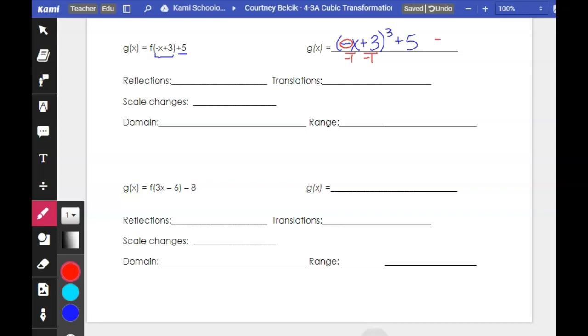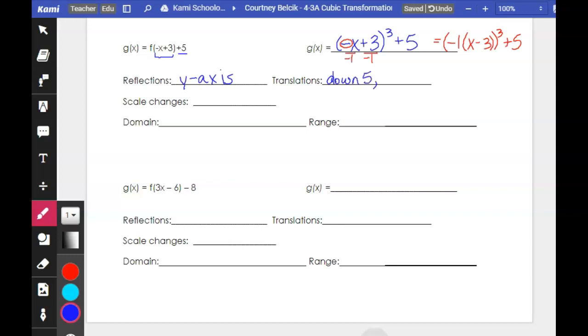So what we really end up with is -1 times x minus 3. So if you have a negative out here, that's great. That gives you the reflection. The reflection is inside parentheses, so that means that it's horizontal. It's going over the y-axis. Translations, we are shifting down 5.